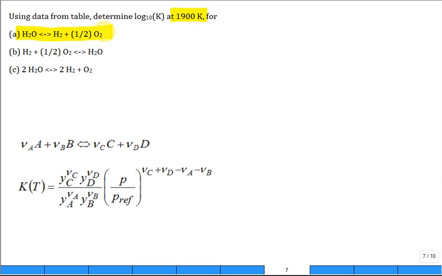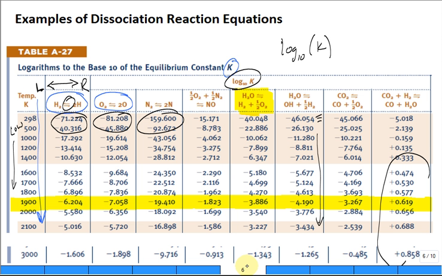That reaction equation is water dissociating. It's hard for me to draw this arrow going back and forth, but that's what I'm trying to draw there without being an expert at word processing. H2 plus 1/2 O2. Isn't that the right reaction or dissociation?